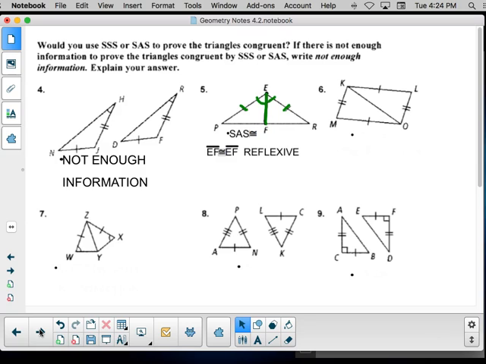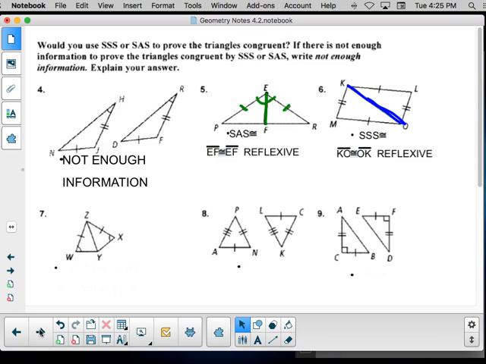Now in this next one, boy, that looks tough. It'd be really cool if KO was congruent to OK or something like that because of reflexive. Oh, that's right, it is. Because now I got side, side, side. And then I have to have that one other step with KO congruent to OK, reflexive property.